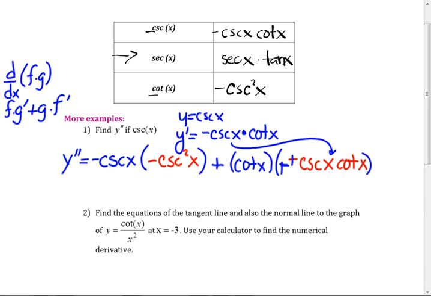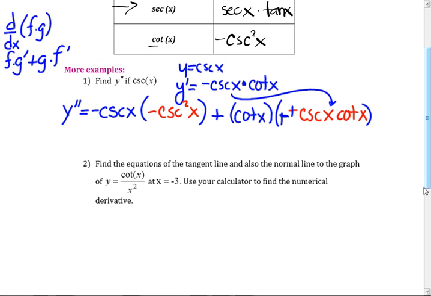Not really, but we can. There's not much you can do. You can multiply that out. Y double prime, what happens to the two negatives? They become positive. It's cosecant cubed of x, and if I multiply this out, it's plus the cosecant of x times cotangent squared of x.